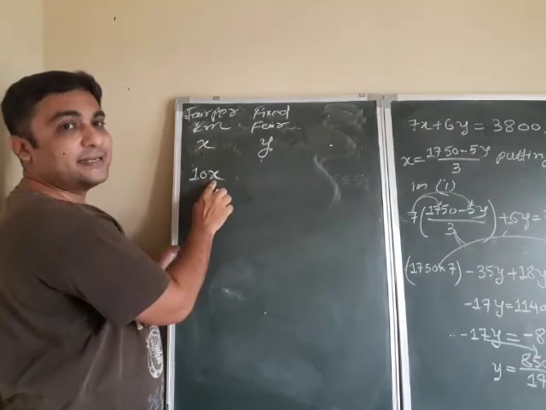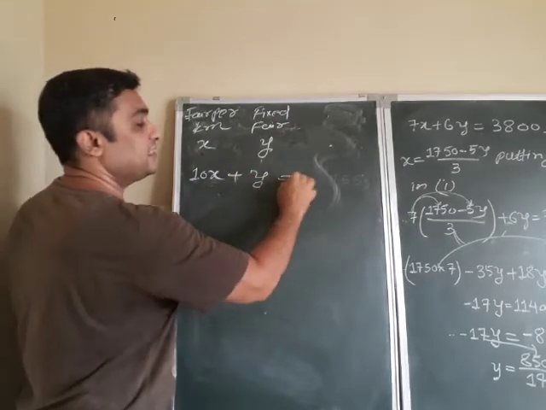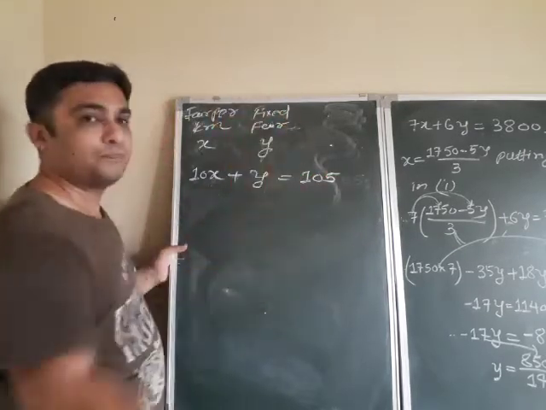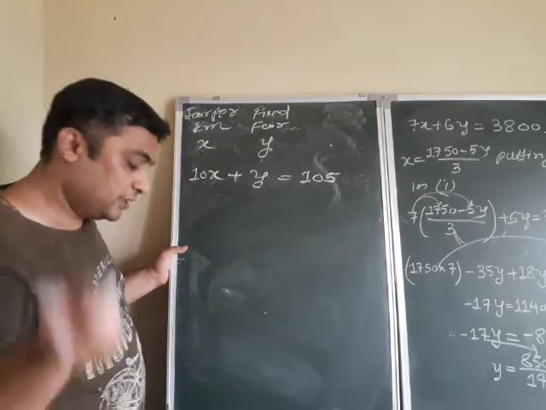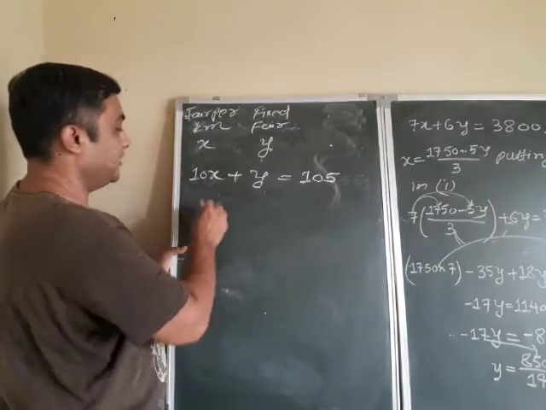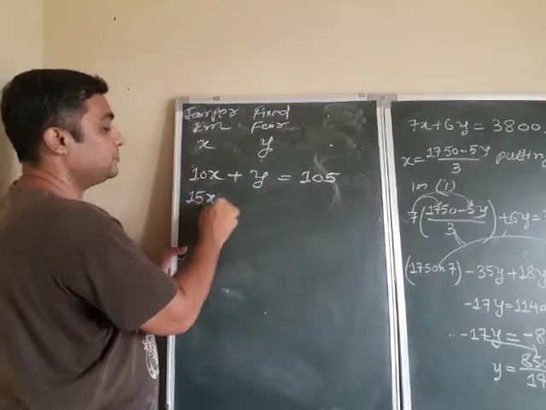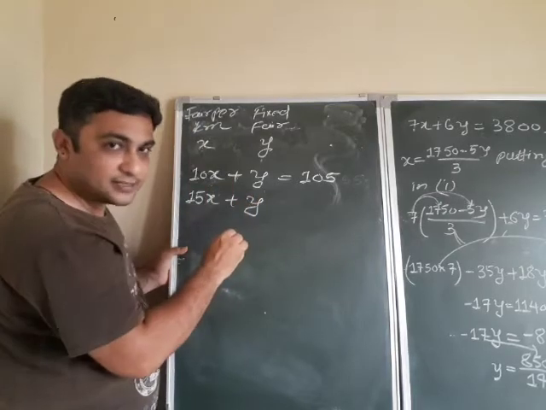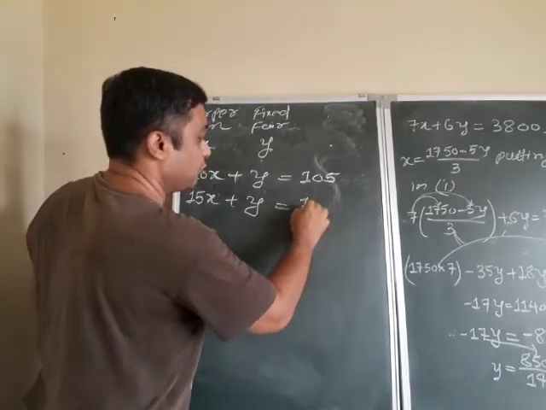So 10X rupees plus fixed rupees is equal to 105 rupees. Same way for 15 km, the charge is 15X plus the fixed charge, and that is equal to 155 rupees.